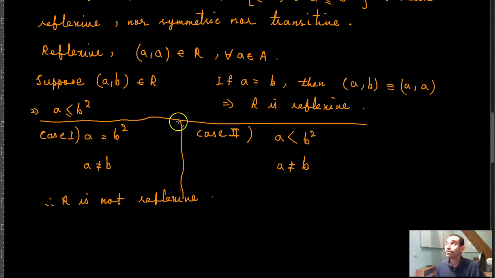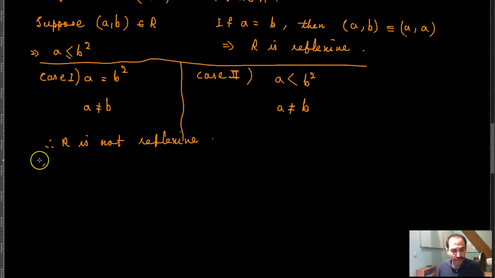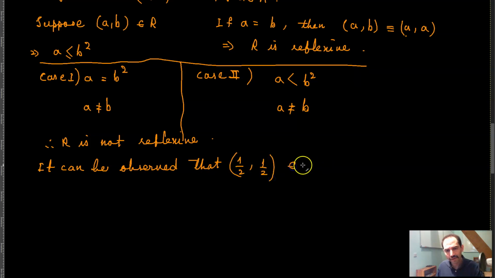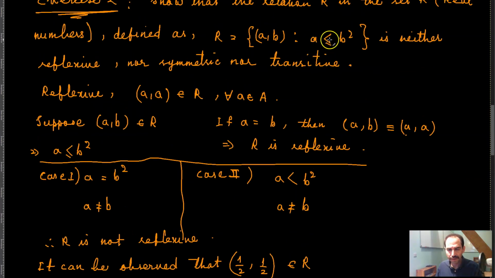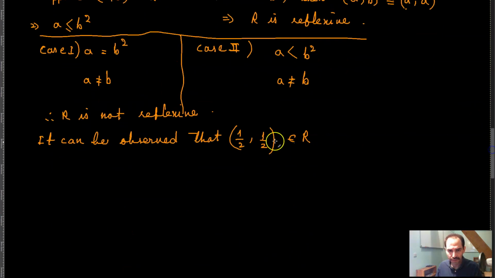On the other hand, to show the same thing, basically to show that R is not reflexive, it can be observed that, for example, (1/2, 1/2) cannot belong to R, because over here we are saying that A is less than or equal to B squared, right?